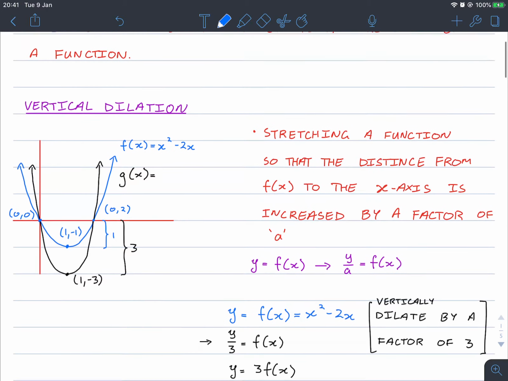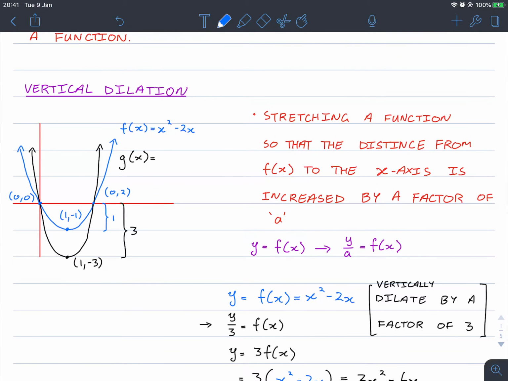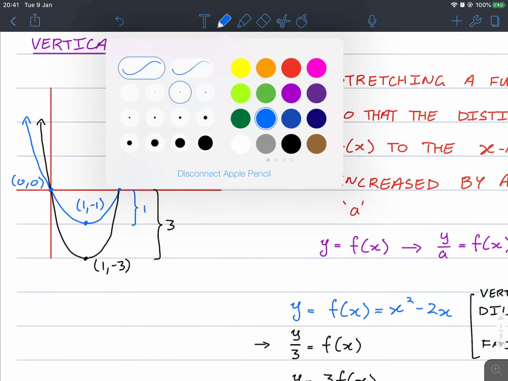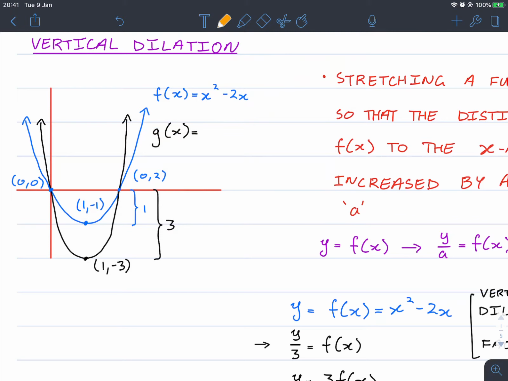A vertical dilation is the stretching of a function so that the distance from f of x to the x-axis is increased by a factor of a. Take a look at the original function f of x. Just to emphasize this point, we'll look at the distance between the x-axis and the vertex.